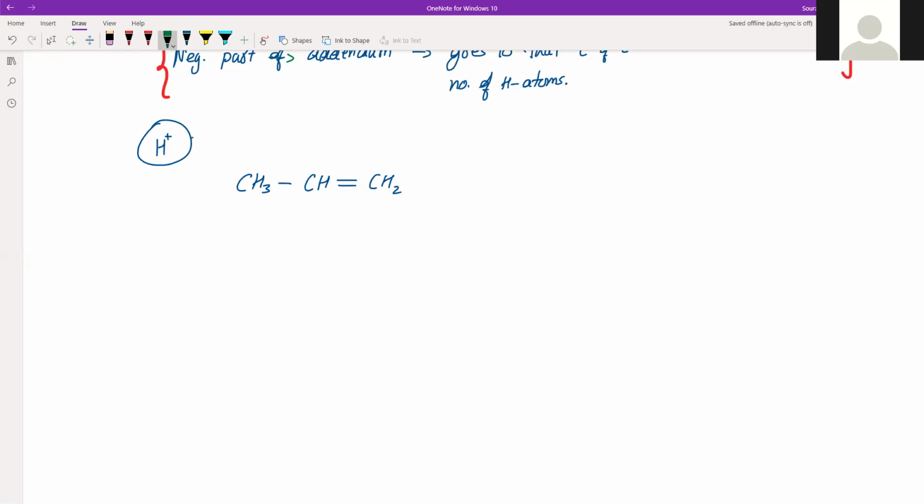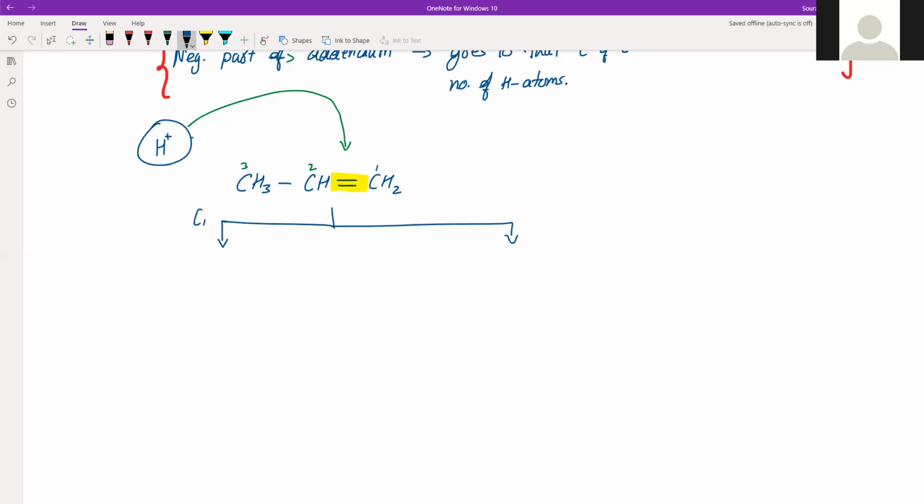This double bond is the electron rich site, and it is being shared by two carbons, carbon 1 and carbon 2, with carbon 3 the methyl group. Now this H plus can attack both C1 and C2. So this addition can happen in two ways. That is, it can go to C1 or it can go to C2.